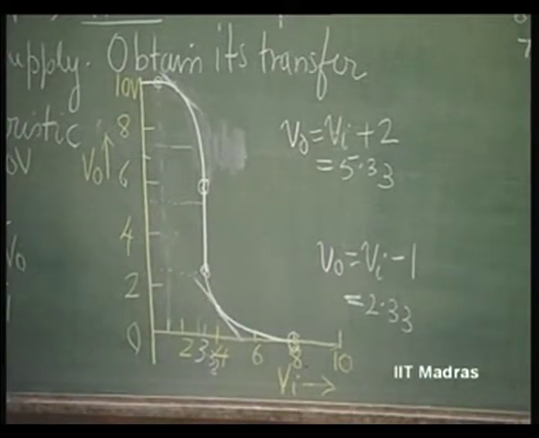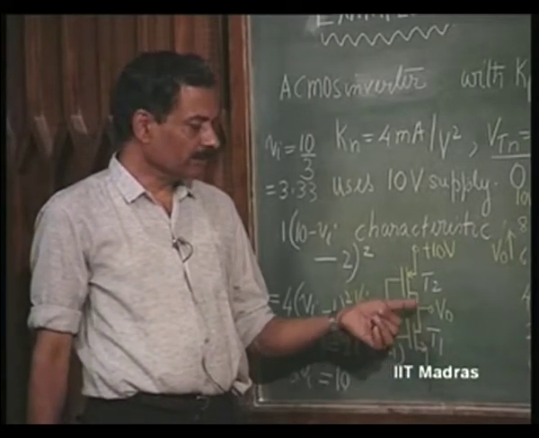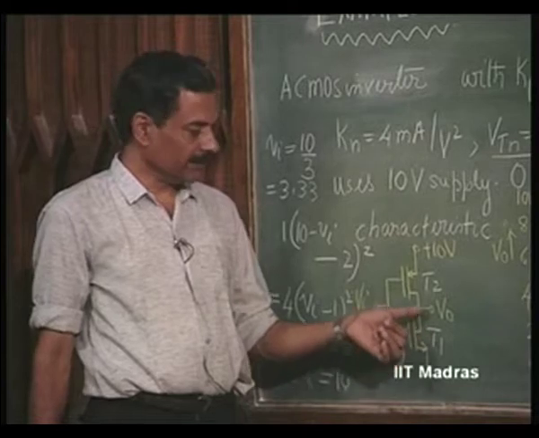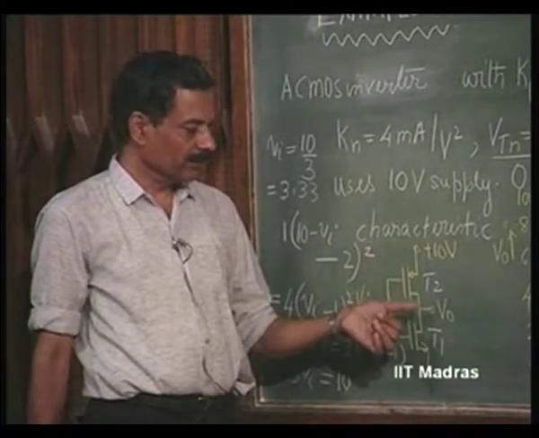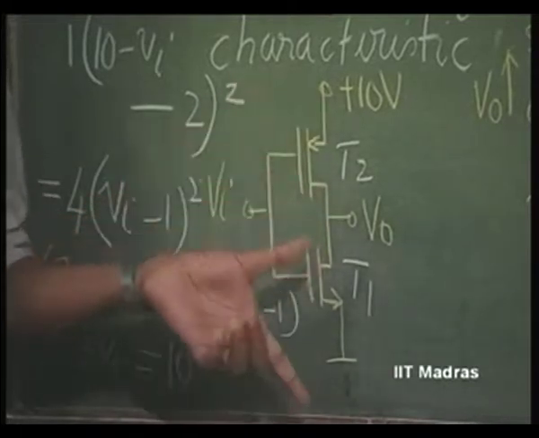Further, when it is in the active region, what will be the gain? Infinity. That is only when we assume that RDS of these transistors is infinity. Now, if you take finite RDS, there is an RDS1 here and RDS2; they come in parallel.